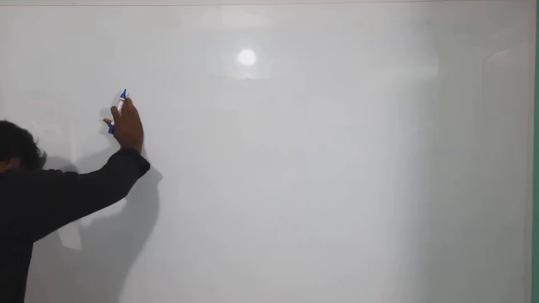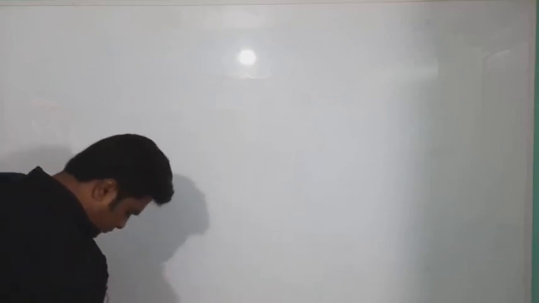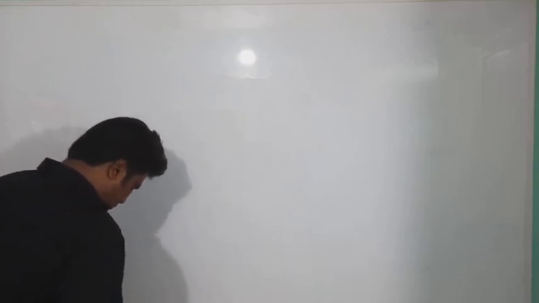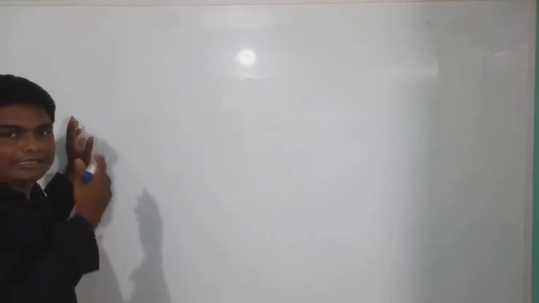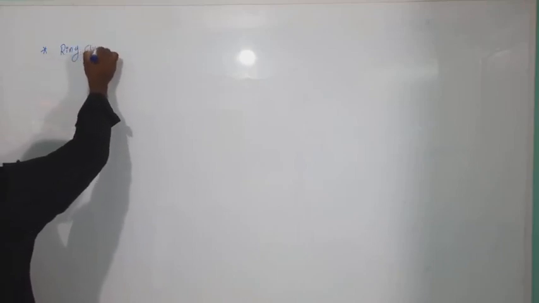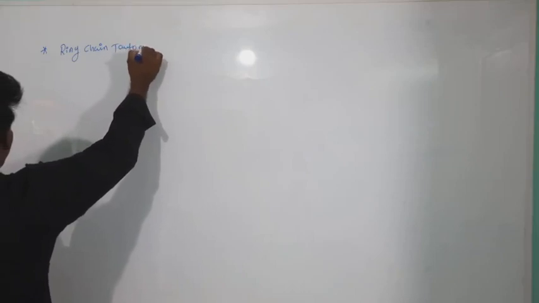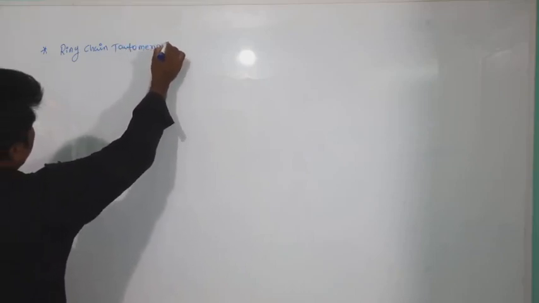Okay, now the next type of tautomerism is ring chain tautomerism. So what is ring chain tautomerism here?